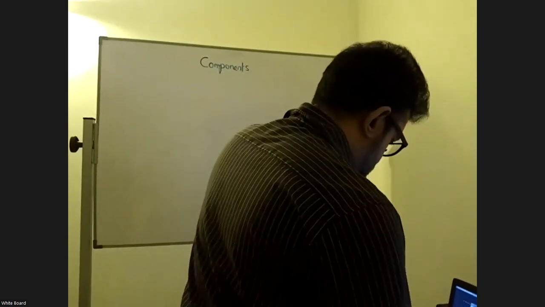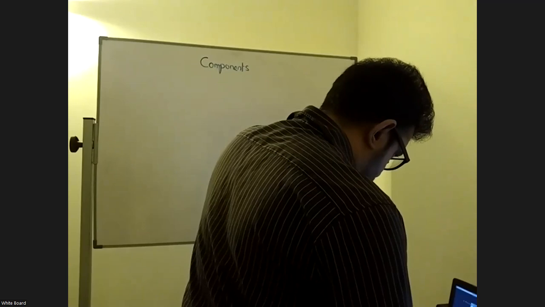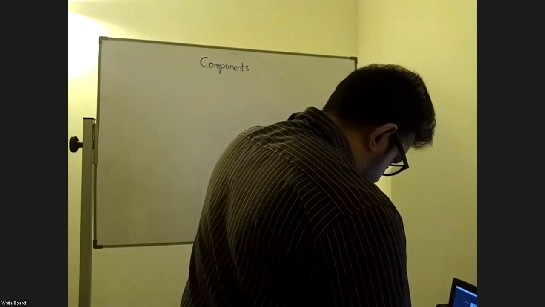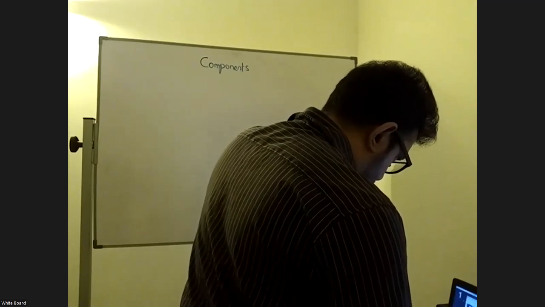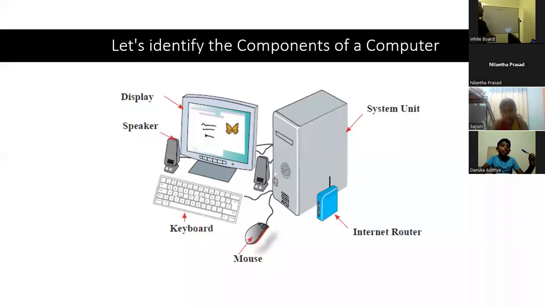So I will show you my screen. You can see the major components of a computer. The components of a computer can be categorized into three, mainly at this level, three categories.